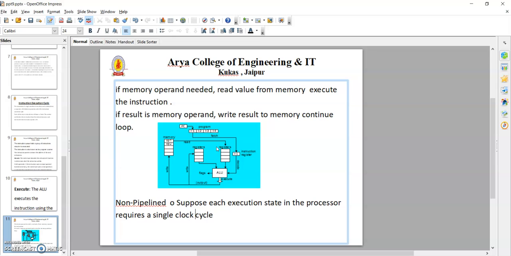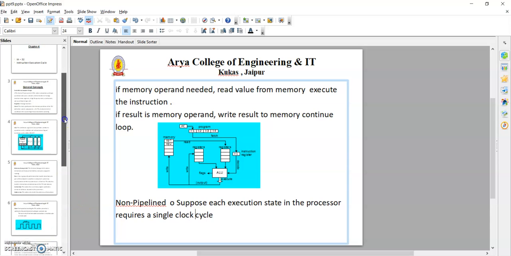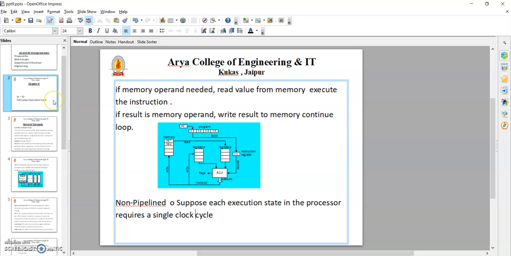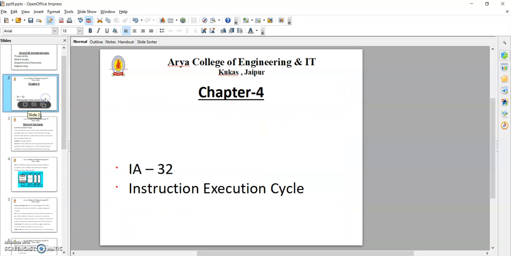Writing is done into the registers and the memory, which is connected to the ALU. The flags are there, the execution stage is there. So the diagram is defining itself. This was the concept of today in which we have learned the instruction execution cycle. In the next topic, we will study further. Thank you.